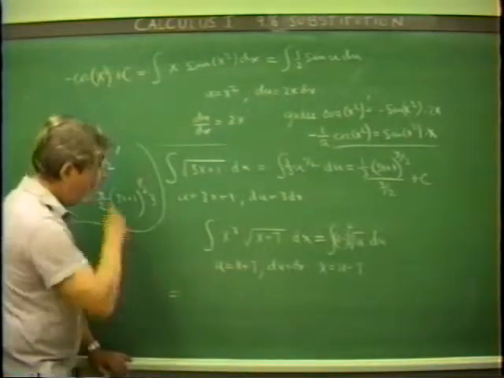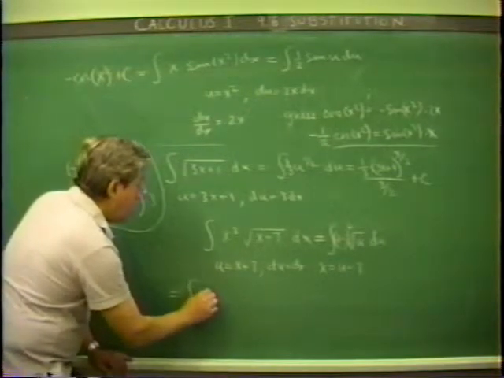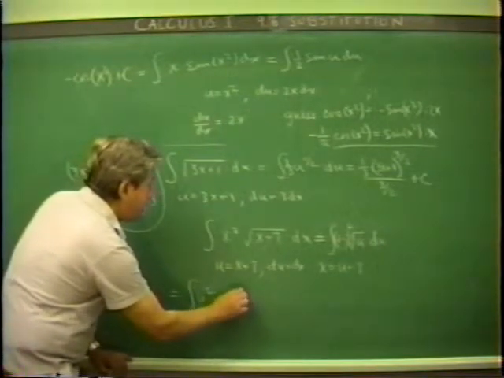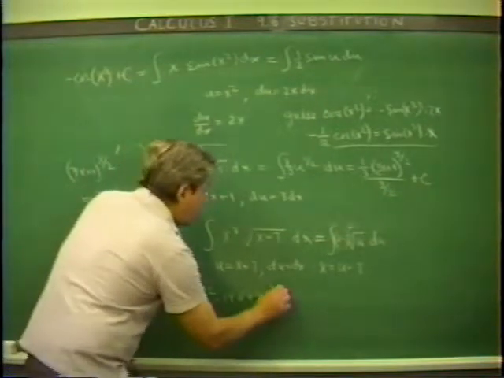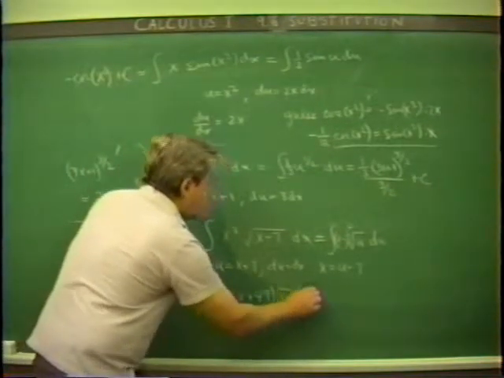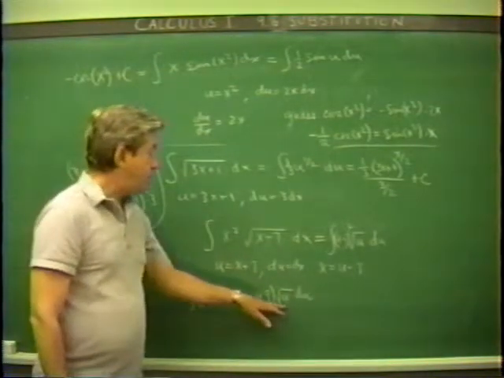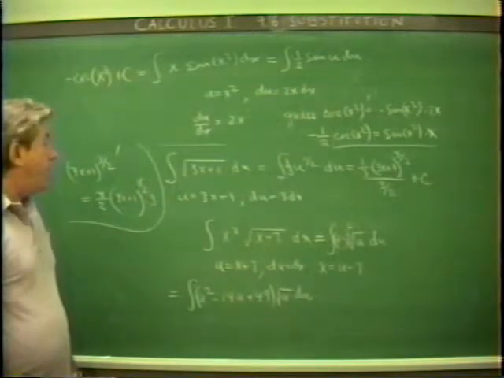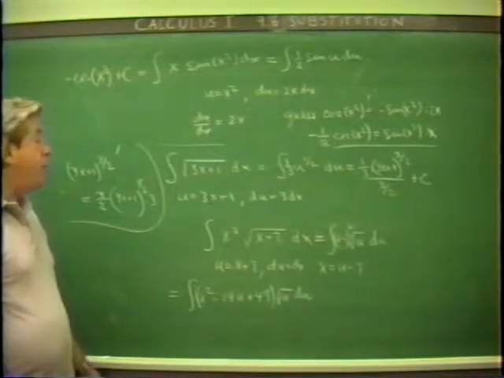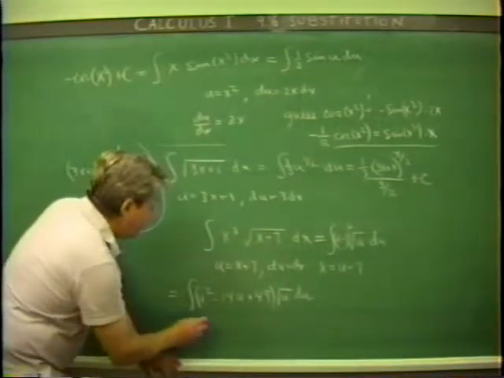We now have that this is equal to the antiderivative of u squared minus 14u plus 49 times the square root of u du. Okay. And here, when you've got something that can be put into polynomial form, frequently that's the only way in which you can do anything with it.